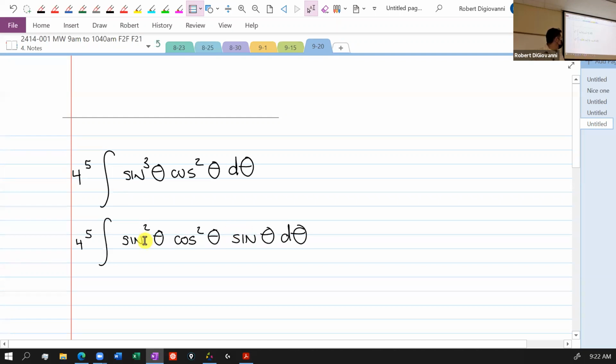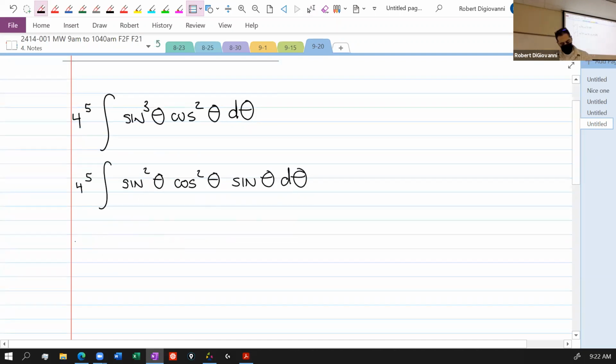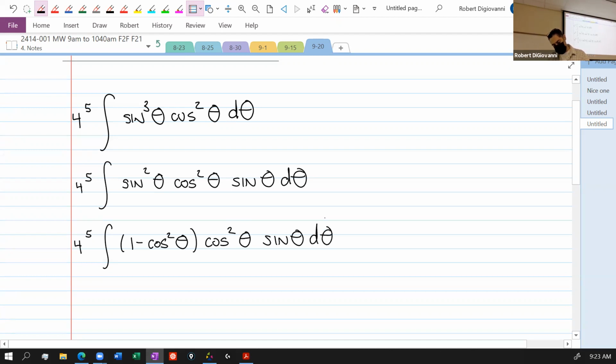So now I use the Pythagorean identity on that. I rewrite the sine squared as 1 minus cosine squared theta, then cosine squared theta, and then sine theta d theta. And now what?